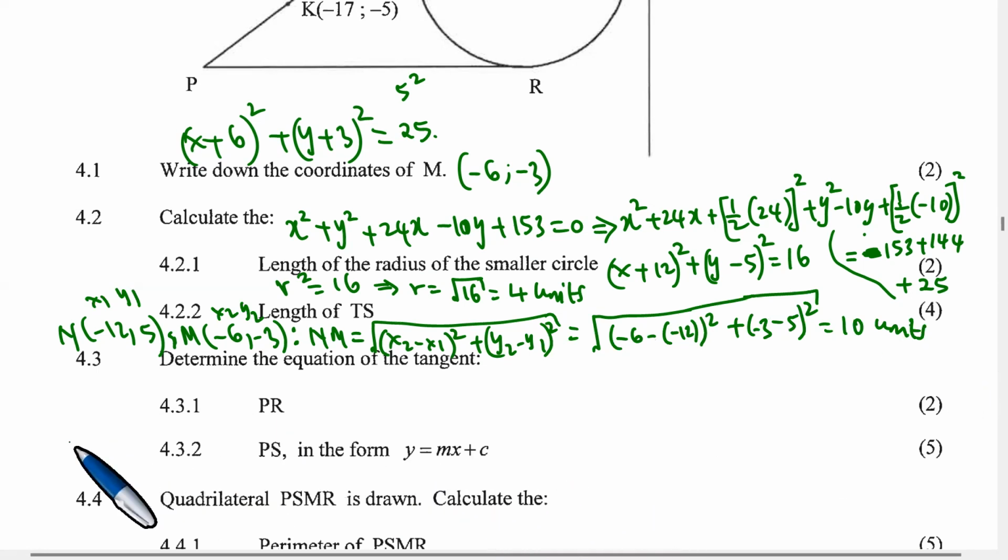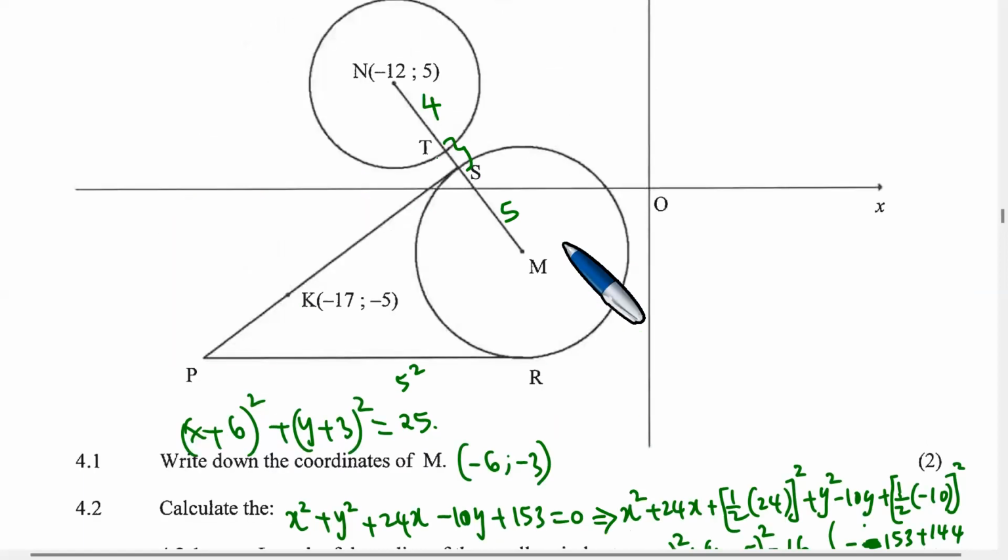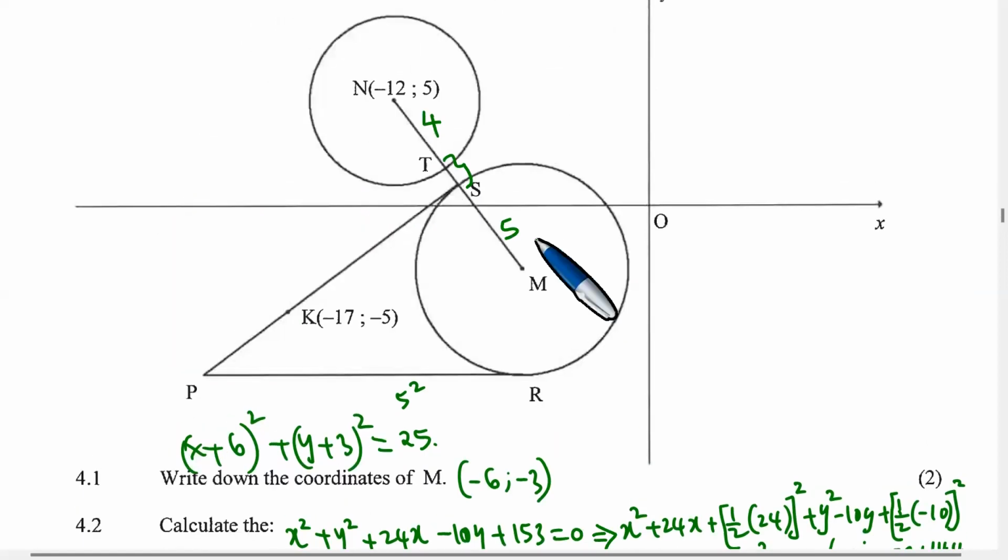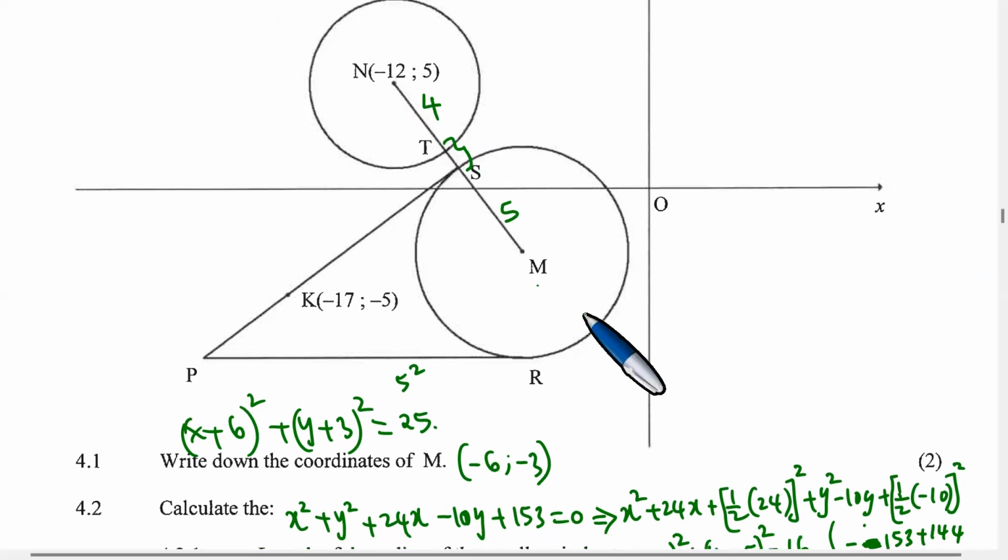So you have the line like this, NM, and the length of it is 10 units. So it means that it is 5 plus 1 plus 4.